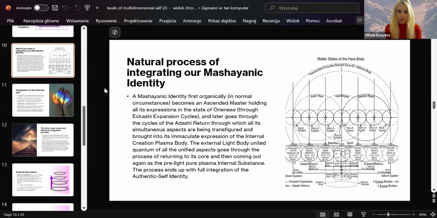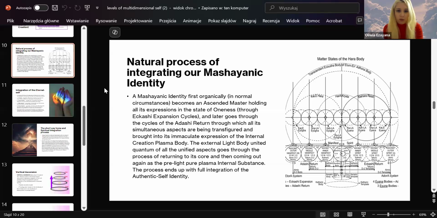Let's take a look. A Mashayanic identity, first organically in normal circumstances, becomes an ascended master holding all its expressions in the state of oneness through the Akashi expansion cycles, and later goes through the cycles of the Adashi return, through which all its simultaneous aspects are being transfigured and brought into its immaculate expression of the internal creation plasma body.